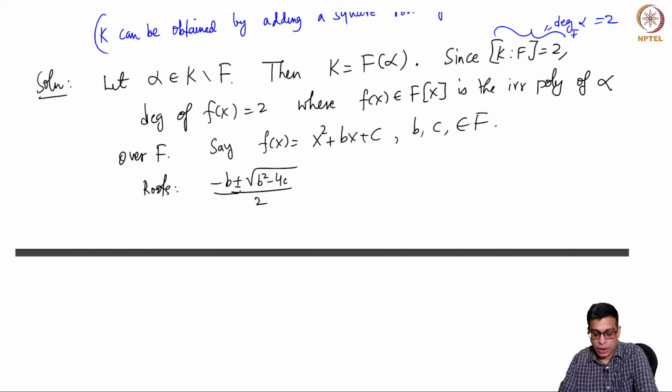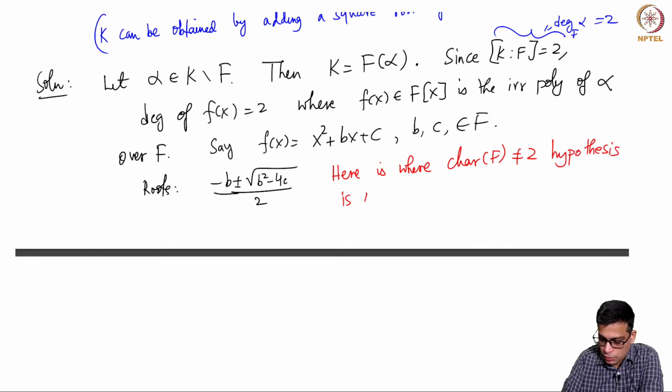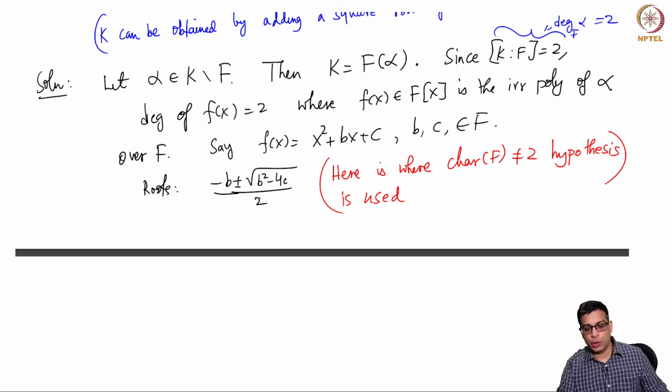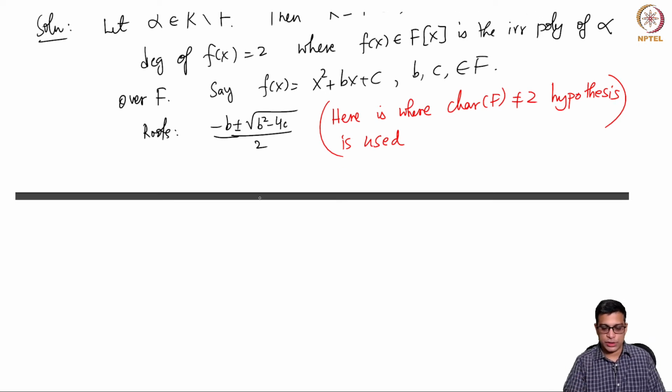So these are the roots, and here is where the characteristic different from 2 hypothesis is used, because you can't divide by 2 if the characteristic is 2. So the roots are this, a statement that only holds in characteristic different from 2.